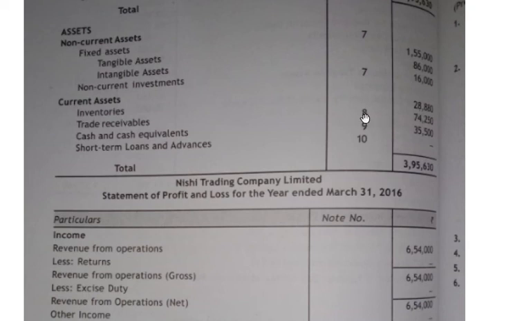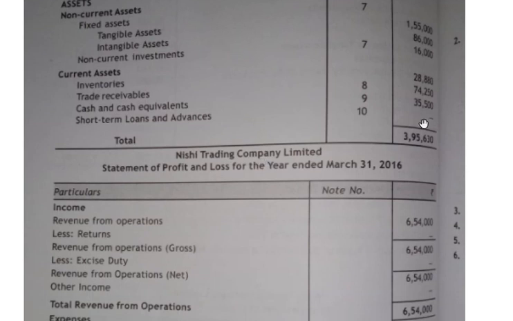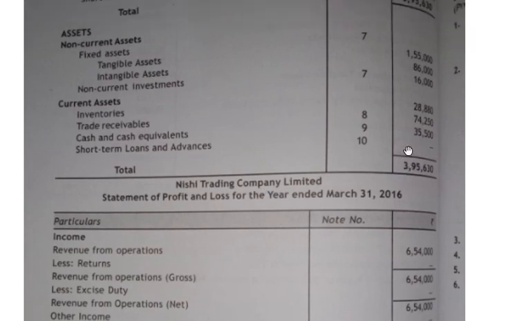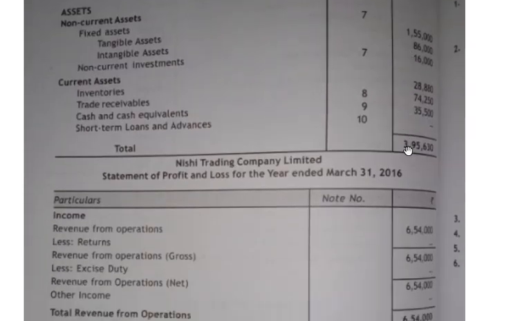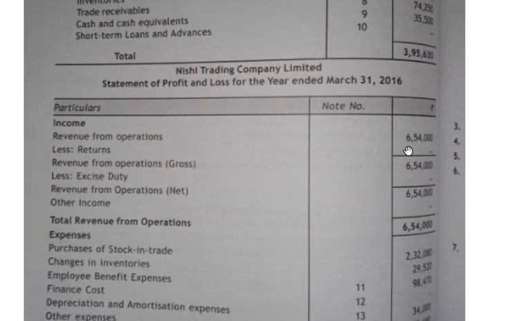Trade receivables is working note number 8, 74,250. Cash and cash equivalents, working note number 9, 35,500. Short term loans and advances, working note number 10, nil. So you get your balance sheet tallied at 3,95,630.